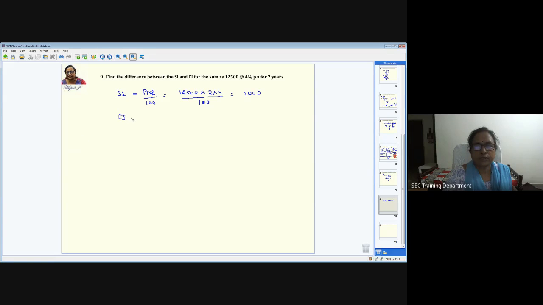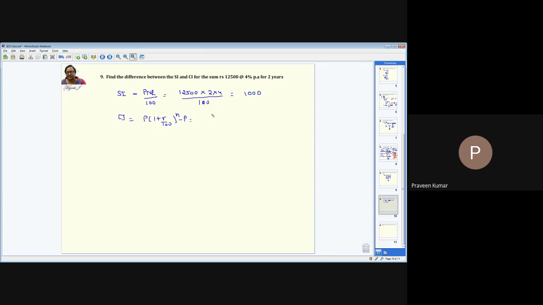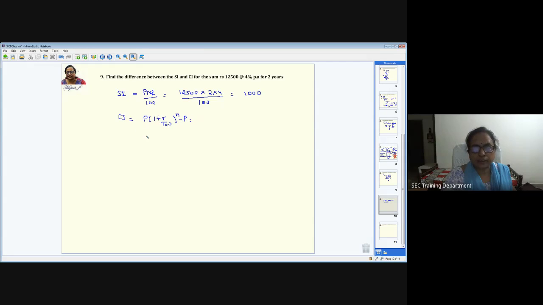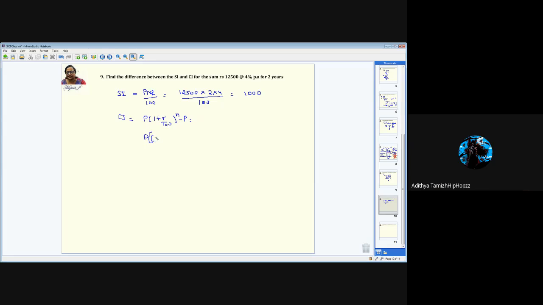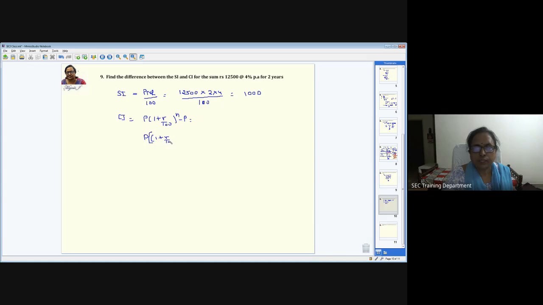Okay, and go for the compound interest now. For compound interest you have to calculate the interest. We are only finding out the interest. What's the difference between compound interest and simple interest? So P into 1 plus R by 100 to the power n minus P. Or we can write it in this form also: P into 1 plus R by 100 to the power n minus 1.